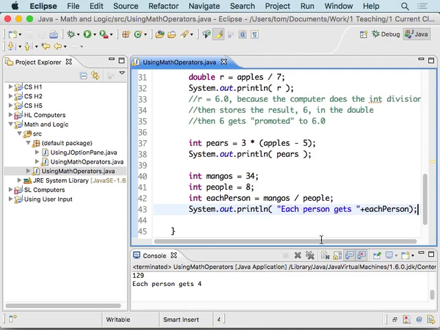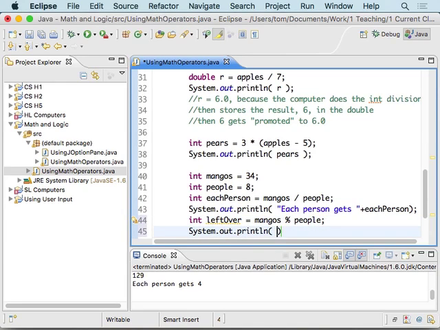All right. And then let's say we wanted the computer to figure out how many mangoes we have left over. So the leftover operator is that modulus operator, basically. So we're going to say int leftover equals how many mangoes we have modulus people. Okay.